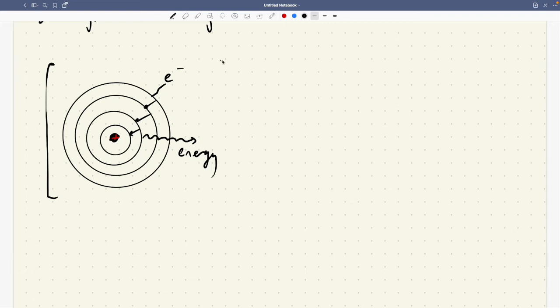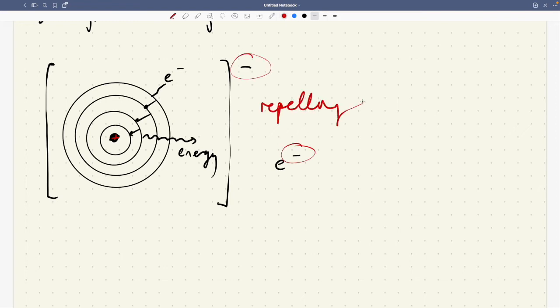So now let's say that we form the ion, and this ion is now an anion. It's gained an electron, it's now got a negative charge. If there's another electron that's going to be gained, well, boy oh boy, what have we got here? We've got negative charges repelling each other. So thus, it has to be endothermic to overcome that repulsion.